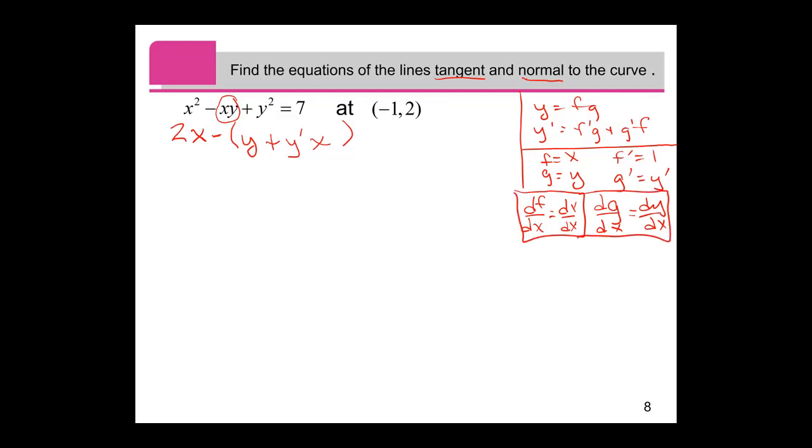But dy dx is not always 1, while dx dx is always 1. So you don't have to use the y prime. I'm just showing you how you can do it with a prime instead of with the Leibniz notation, the dy dx. Is everybody okay still?